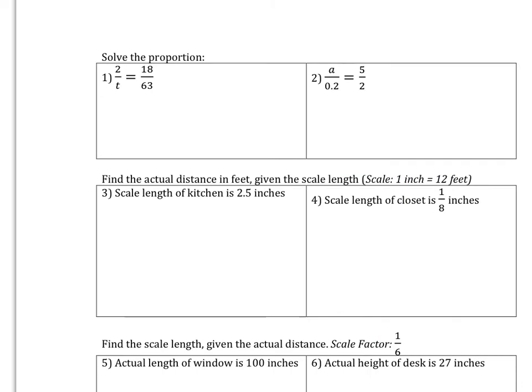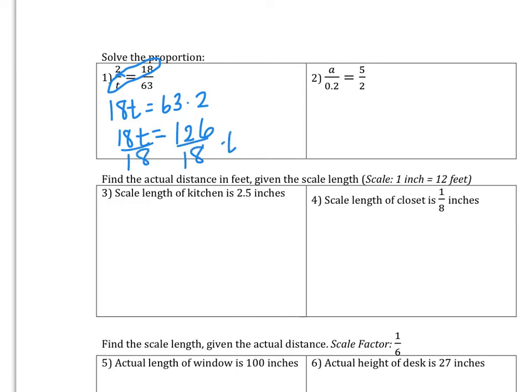Some more examples. Number 1, we're solving for t, so we can cross multiply. 18t equals 63 times 2. 18t equals 126. Divide by 18, divide by 18, t equals 7.